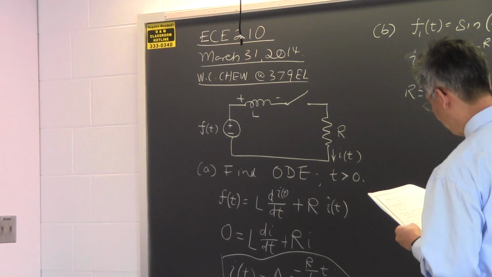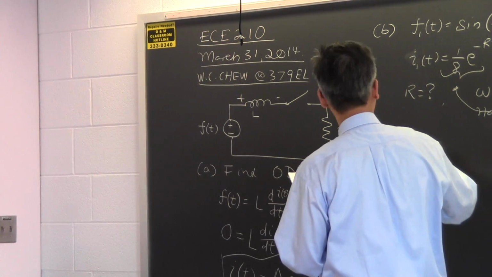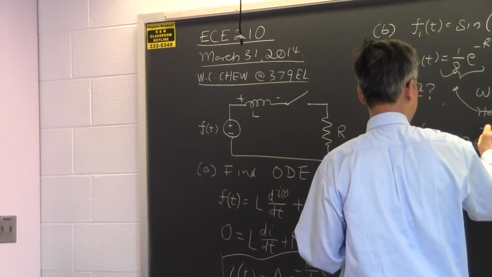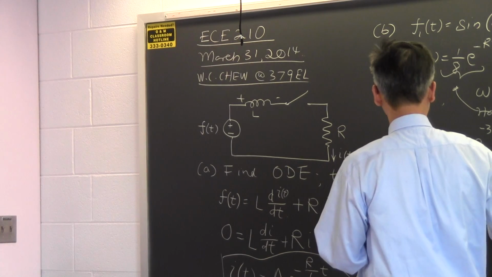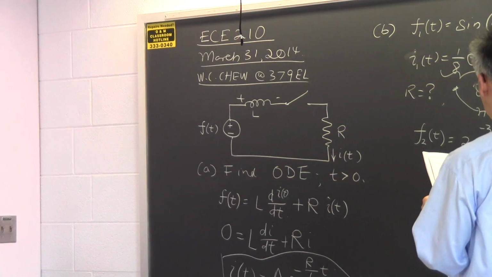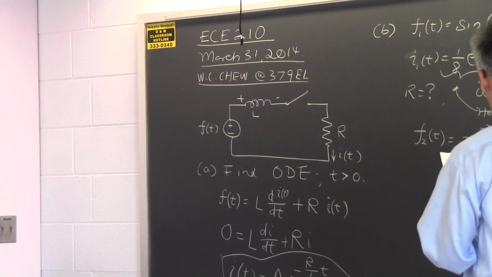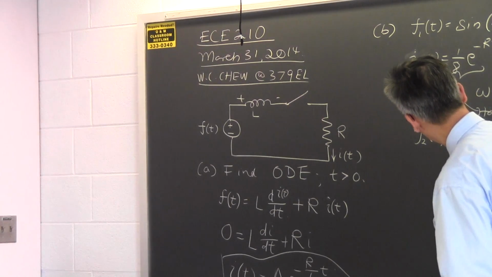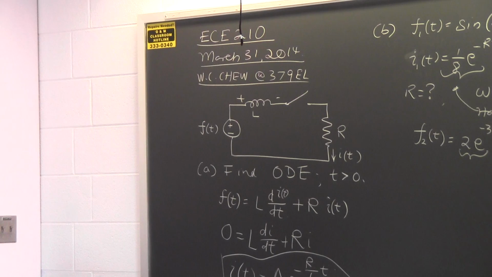You're given this as one solution, and then you're given the second thing that when the input is equal to 2e^(-3t), the output is equal to e^(-4t/L) minus e^(-3t). This has the same exponential form as the input, so it must be the particular solution. This must be the homogeneous solution.